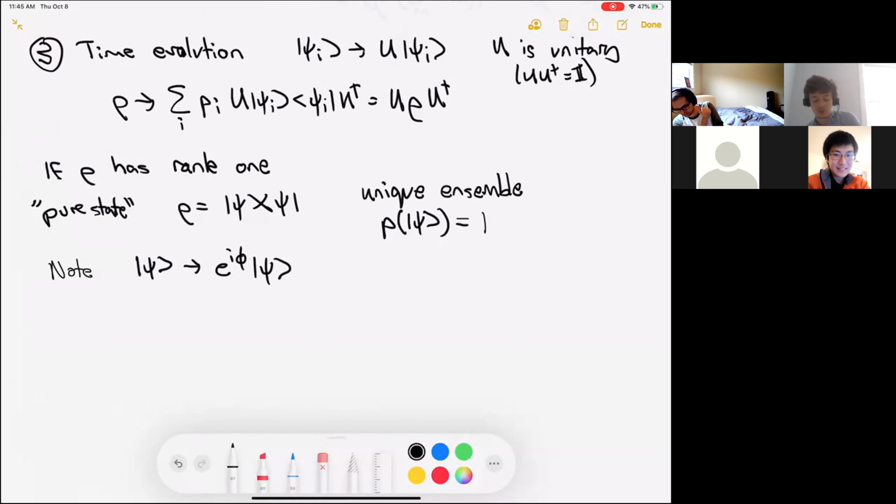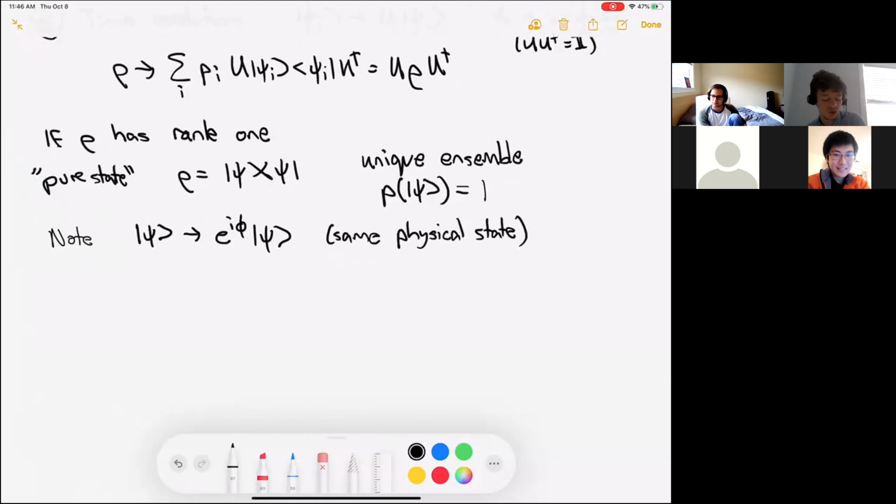We treated those as the same physical state. It was a redundancy of our description, since they seemed like distinct states even though we treated them as the same physical state.